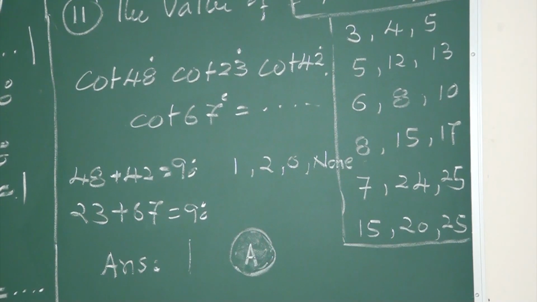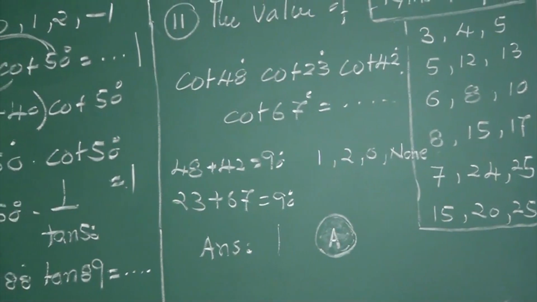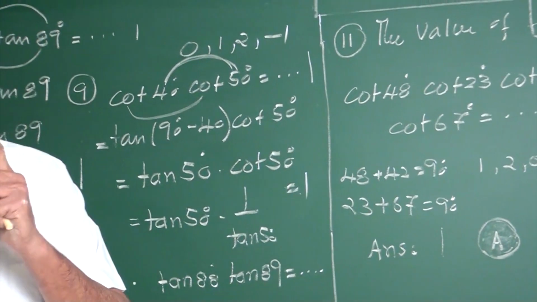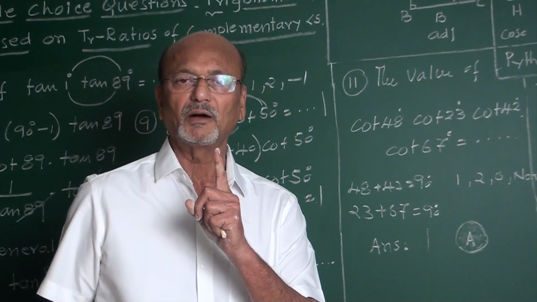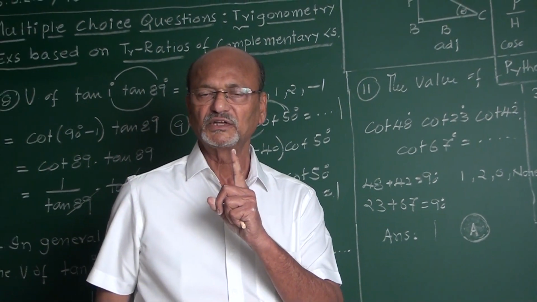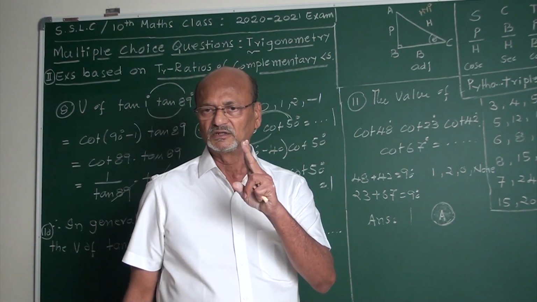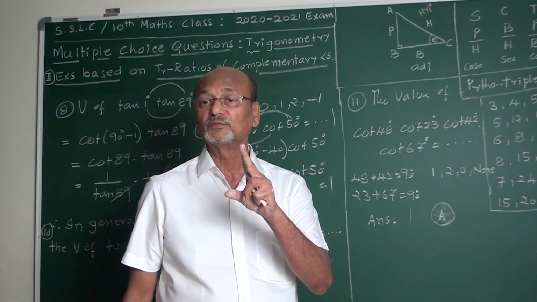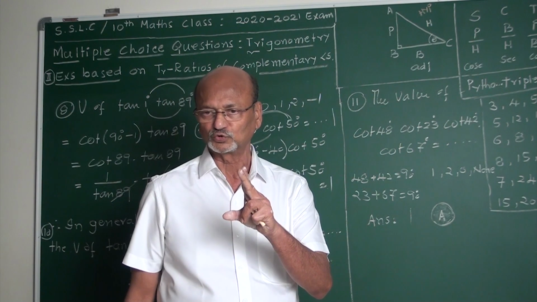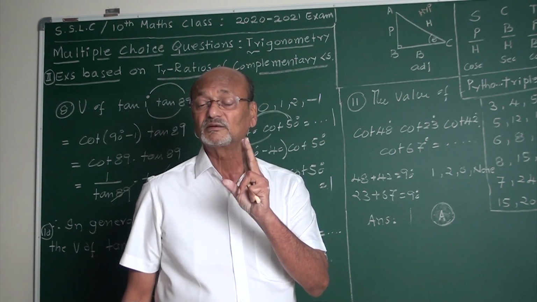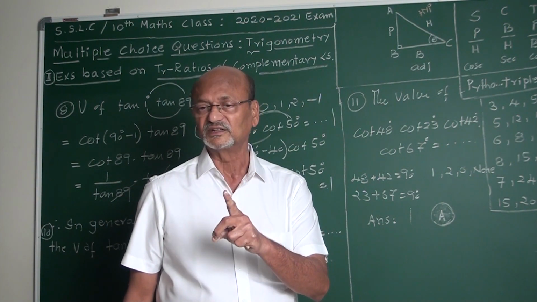Yes. In all the 4 cases, my friend, complementary angles, very, very simple approach. Time saving results. Remember, the ratios must be complementary or co-trigonometric ratios both, and the sum of the angles must be 90 degrees.